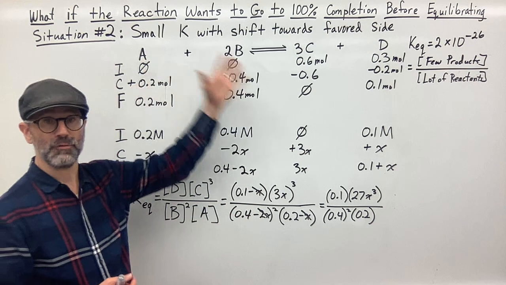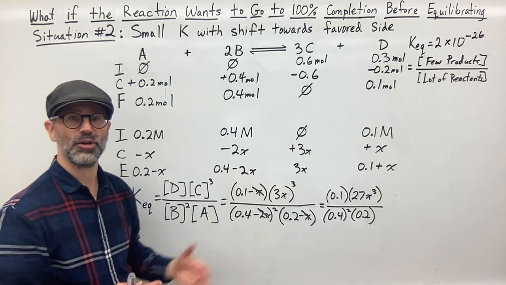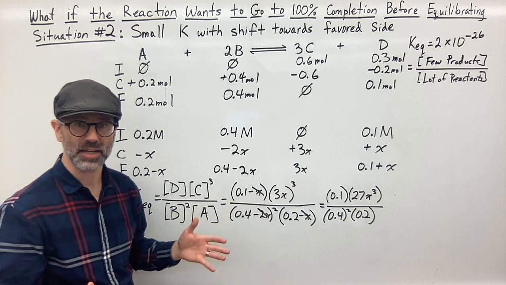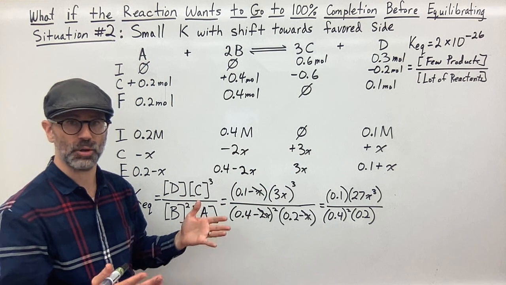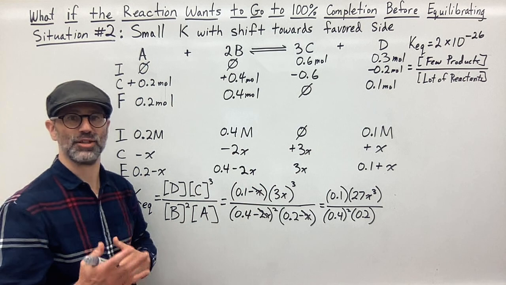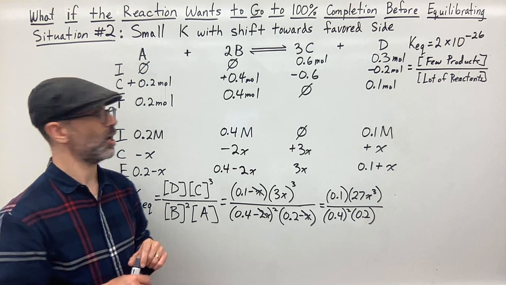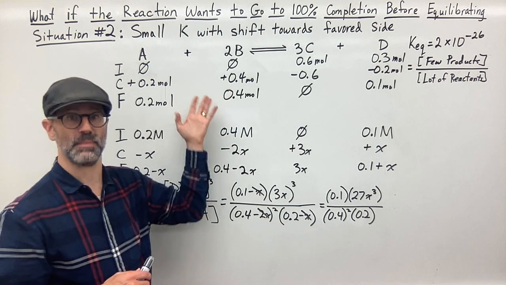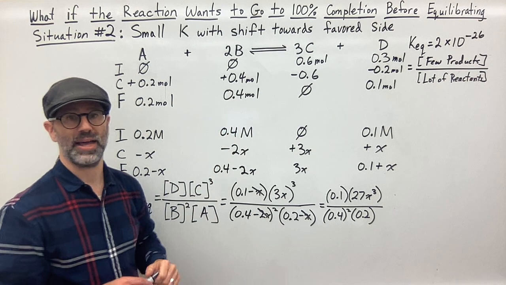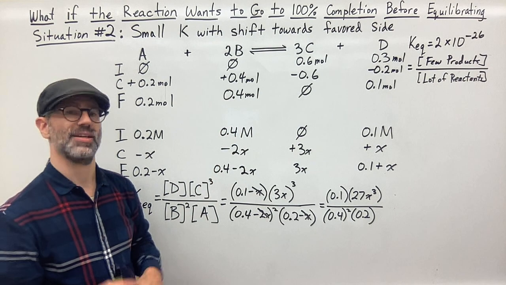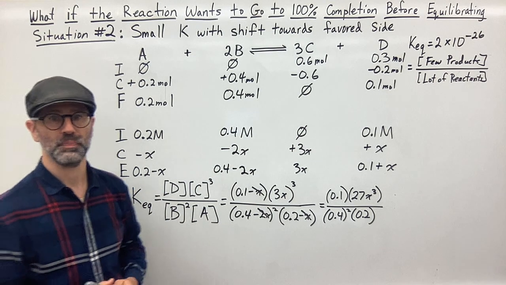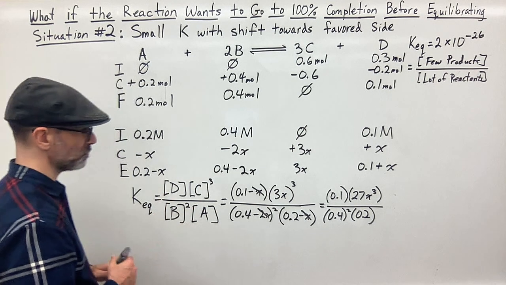So if you ever run into a problem like that, where you get this really ugly monstrosity of an equation with x to the 4th or 5th or 3rd or something like that, you might want to double check and make sure that you do a stoichiometry table first and then do your ICE table. Okay, let's continue.